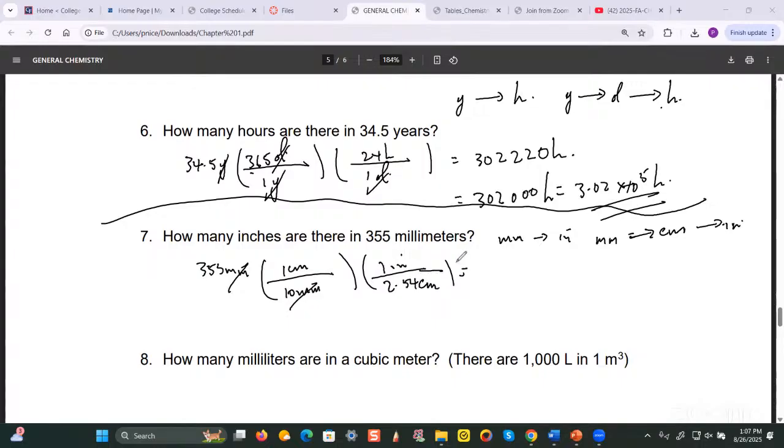So let's see what that gives. 355 divided by 10, divided by 2.54. And according to my calculation, I have to round off to 3 sig figs. So when rounded off to 3 sig figs, the answer would be 14.0 inches.